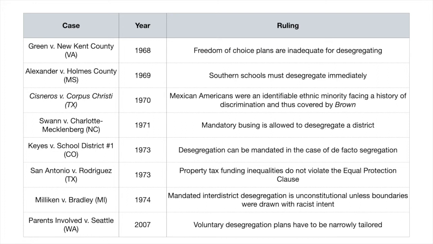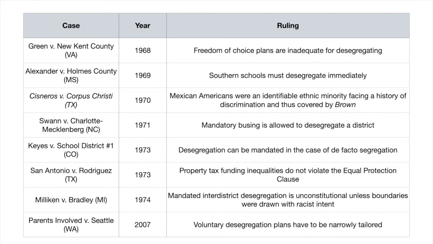Then in 1974, Milliken versus Bradley in Detroit really stretched this idea of mandatory busing, thinking across district lines. In the Detroit metro area, within districts, schools might not be segregated. What was noticed, and this is a pattern that you will continue to see in northern cities today, is that between districts there was tremendous segregation, right?